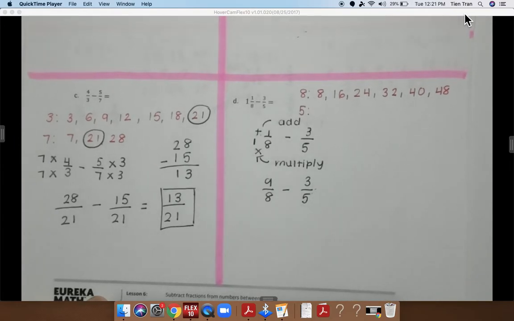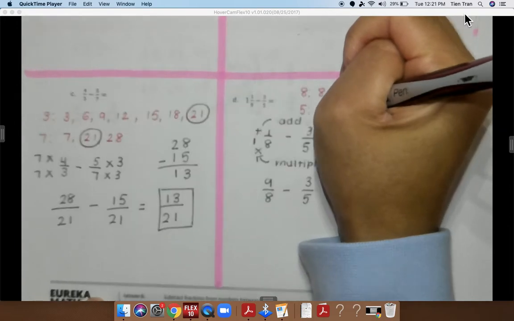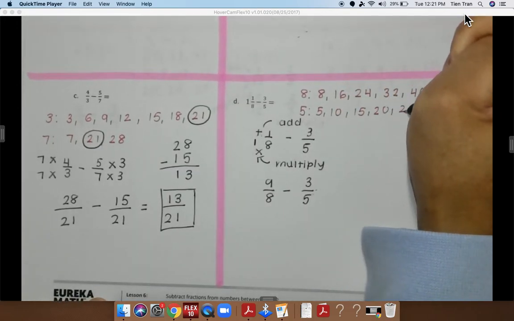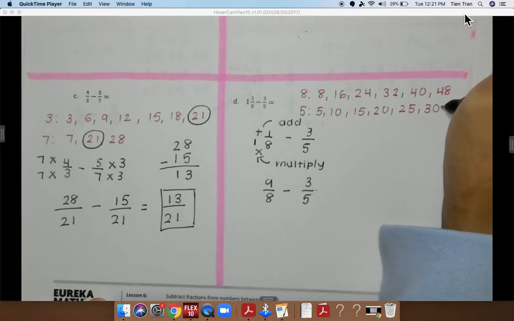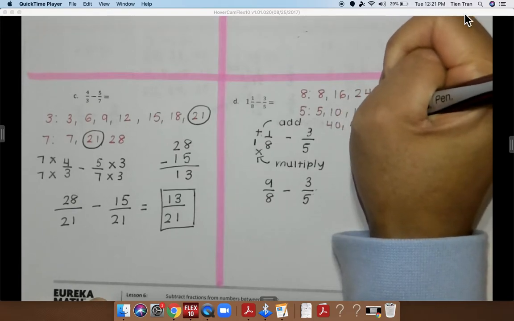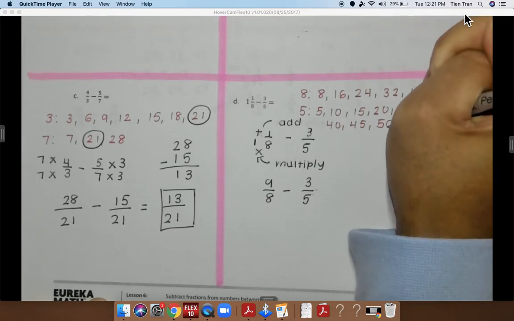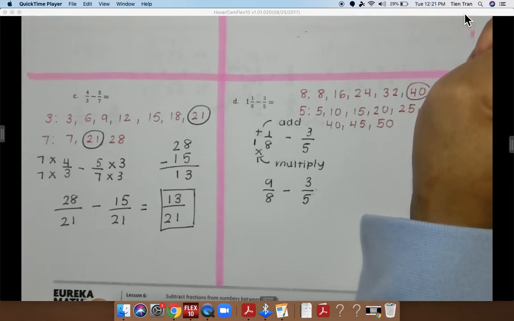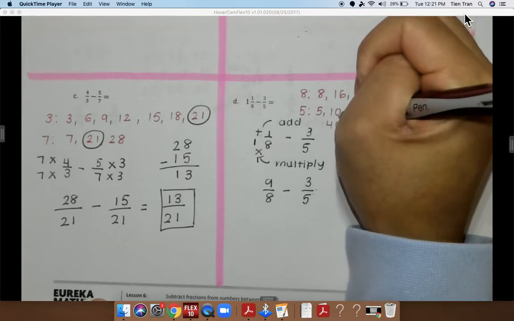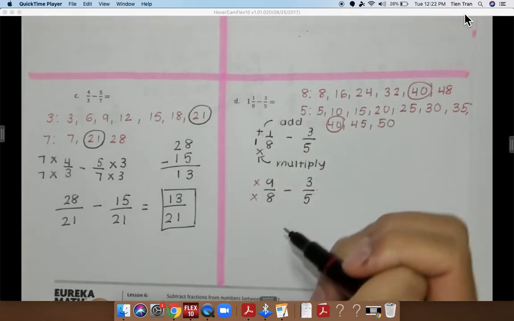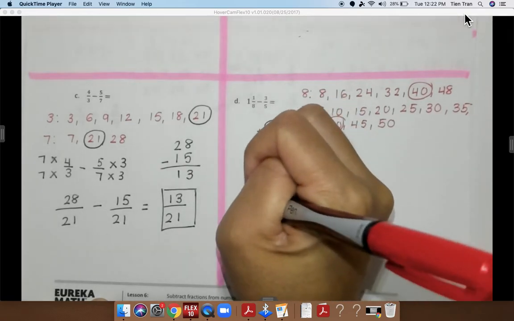And my multiples for 5 are 5, 10, 15, 20, 25, 30, 35, 40, 45, 50. So looking at the numbers, I noticed that for 5 and 8, the common multiple is going to be 40. So that means I'm going to multiply my numbers to get 40. 8 times 5 is equal to 40.